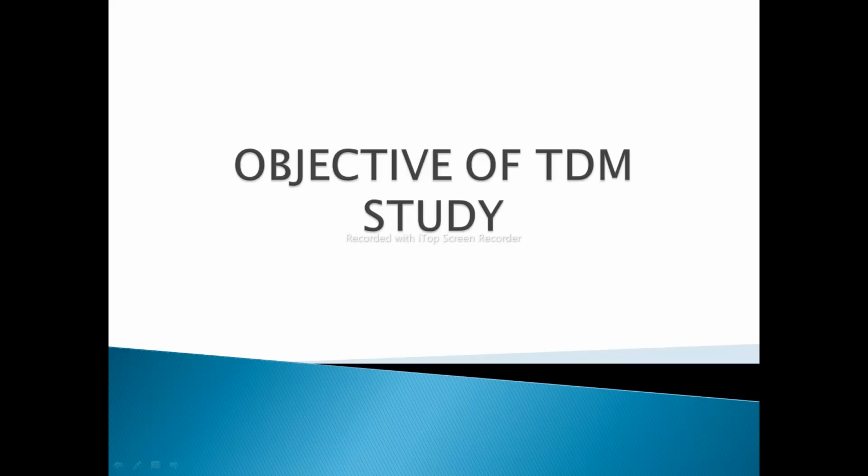And our last, that is objective number 6, providing an effective means of individualization of dosing of some drugs that have an unpredictable dose response relationship. Okay, so these 6 are our objectives for studying TDM.